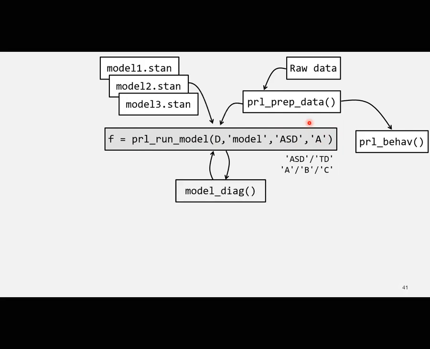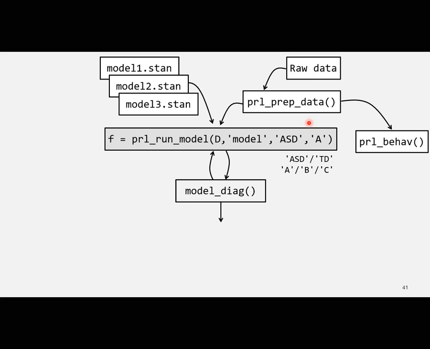After the fitting, I also want to do some diagnostics. Recall from two weeks ago, we check whether the MCMC chains converge or not. This is model diagnostics. If they are fine, then I go forward. If there are diagnostic problems within the model fitting, I have to repeat and see if the models are optimized. I didn't talk about that today, but we covered it earlier. There is the model optimization part to make sure that everything can be run properly.